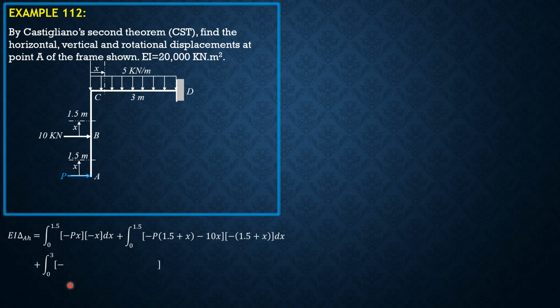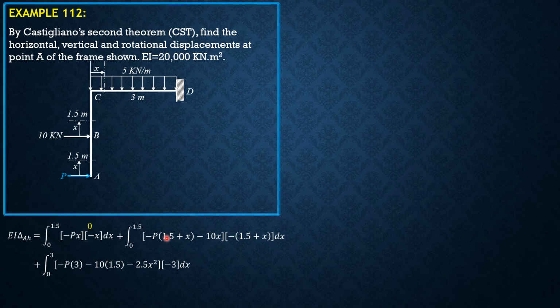Anyway, integral 0 to 3 of negative P times 3, negative 10 times 1.5, in this section, then negative 2.5 x squared, and the partial derivative of this moment equation with respect to P is negative 3 dx. So setting the value of P to 0, the value of the first integral is 0.